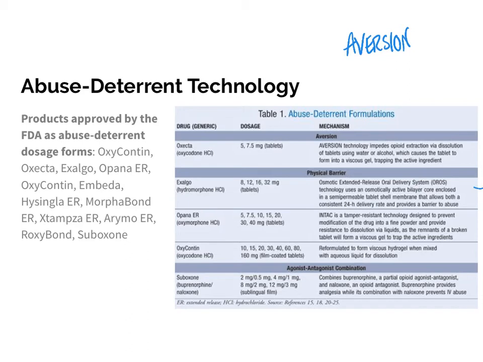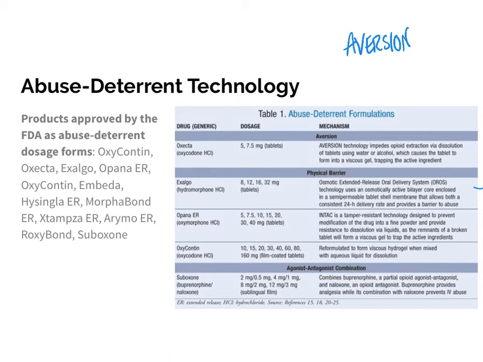They would crush those, dissolve the powder into water or alcohol, withdraw that solution into a syringe and inject it directly into a vein for an immediate dose. This aversion technology prevents the opioid from being extracted from that solution. And so it causes the tablet to form a viscous gel, and that gel traps the opioid contained inside.